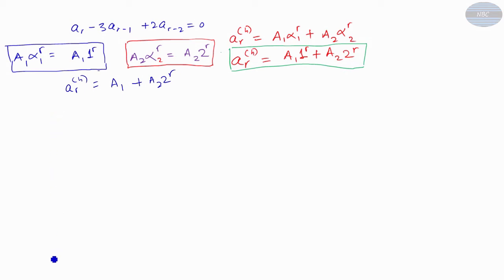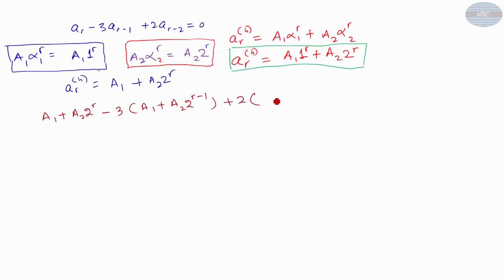So in place of ar I will put this one. So a1 plus a2 2 to the power r minus 3 into a1 plus a2 2 to the power r minus 1. So here in place of ar minus 1 we will use a1 plus a2 into 2 to the power r minus 1.